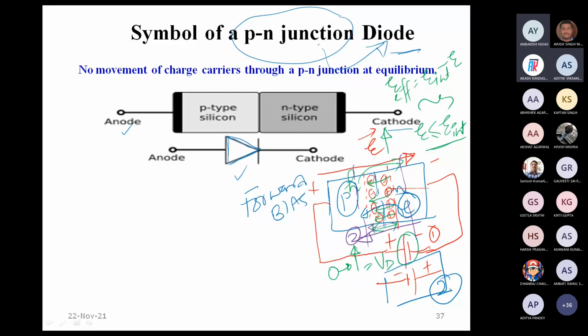This is going to further stop the flow of the charge carriers across this region, because the charge carriers now will require a large amount of energy in order to cross this region. So that's why this is called the off state or reverse bias.